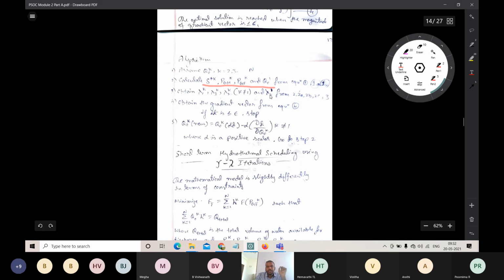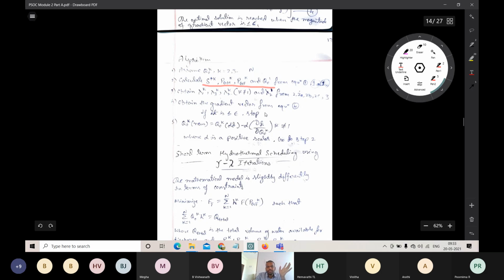The next step is the gradient vector. When we reach the point where the gradient vector is less than or equal to sigma, the summation, then we need to stop. Otherwise we need to repeat the same thing.